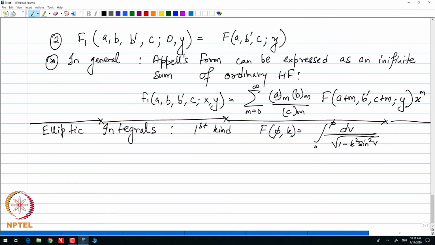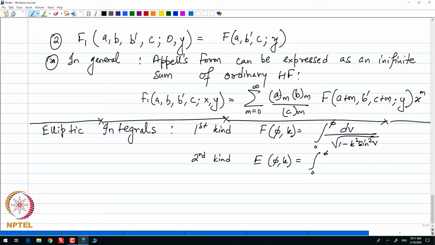The second kind is given by E of phi comma k. In fact, this is the kind that we have used in our description of bent beam problems earlier.